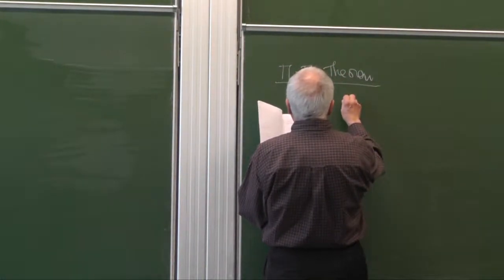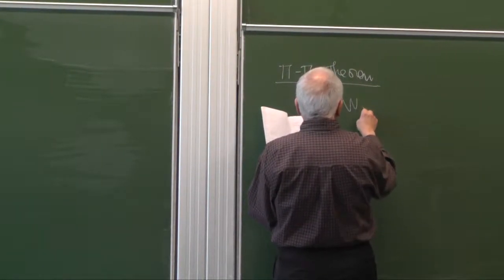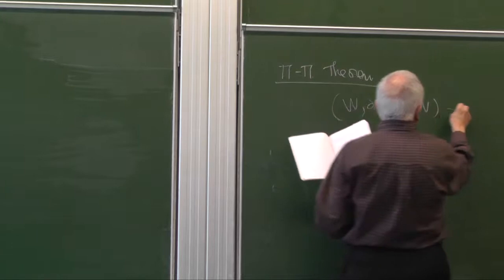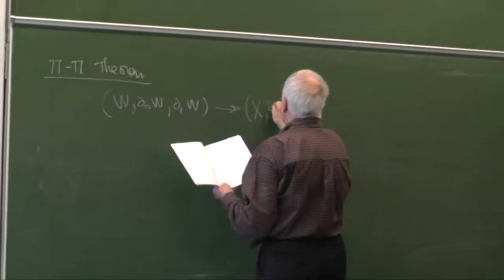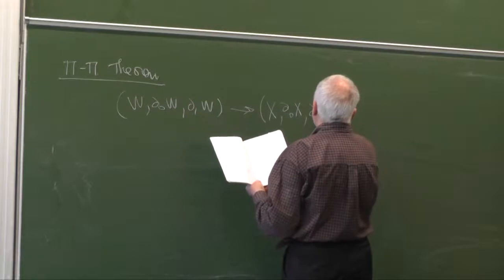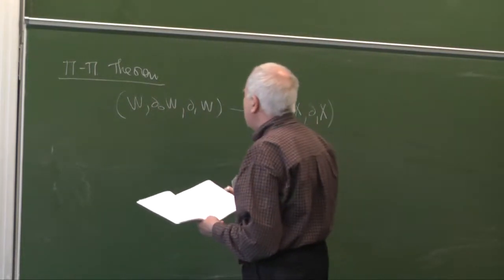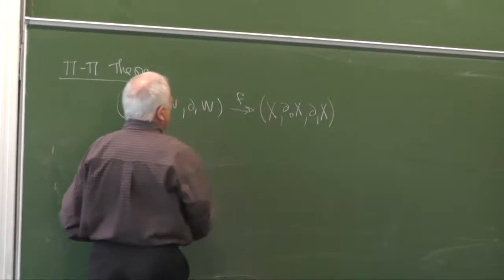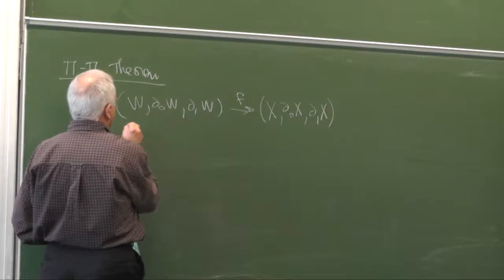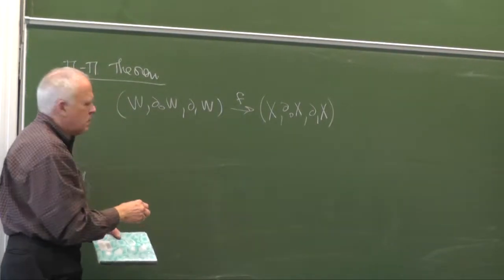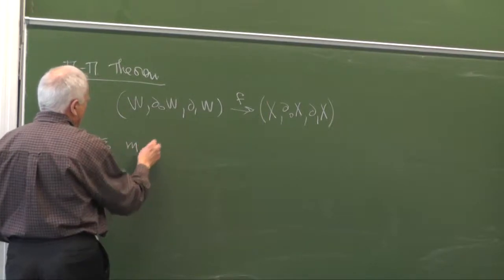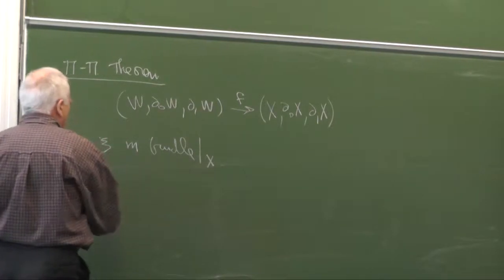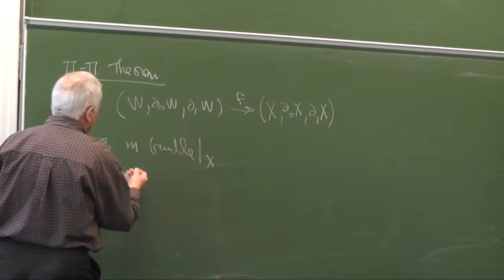So suppose we have W, boundary 0 W, boundary 1 W. Okay, so here's F, and then we have these, and a bundle over X, and B is an isomorphism.